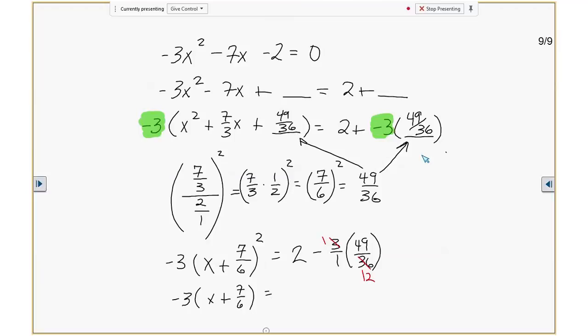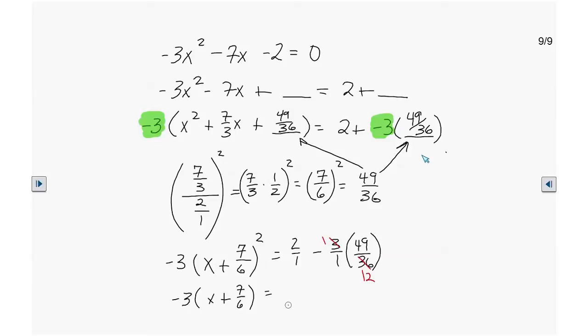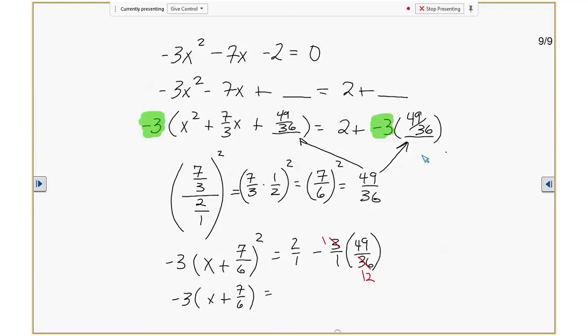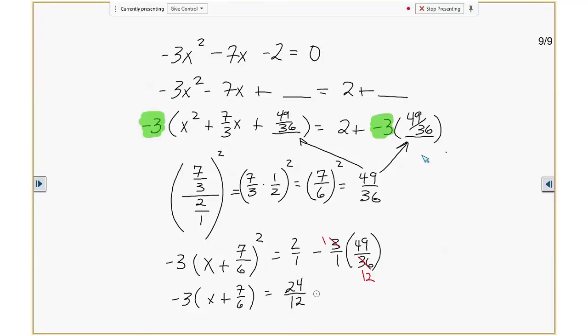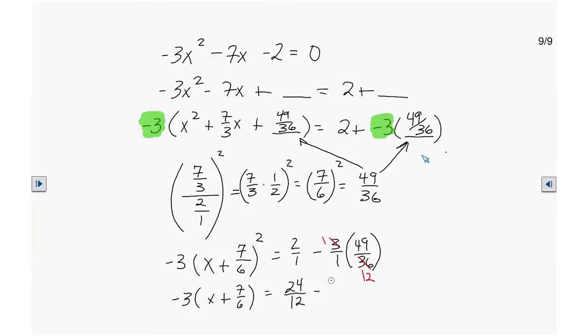Now 2/1 ain't gonna work with. Let's change that to 2/1. We got to have a 12, right? So I'm gonna change this to what? 24/12. That's right, class. Thank you for the interaction. 49/12.